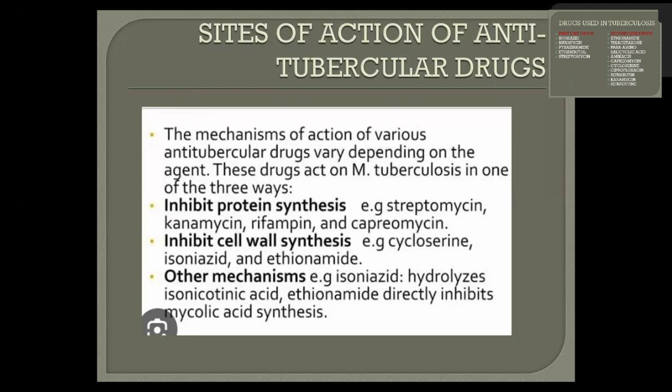This is the mechanism of action of various anti-tubercular drugs. This is a repeated question, the classification and mechanism of anti-TB drugs. It is frequently asked in pharmacology, and sometimes in medical surgical nursing for medical management, and even in community health nursing you can expect this question.